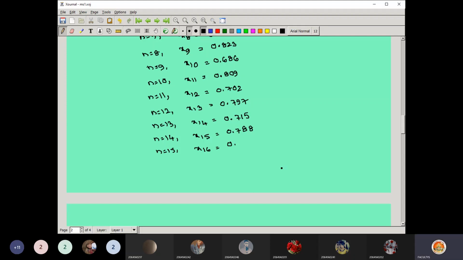I think 0.73 something. 0.724. Okay, continue like that. I think you are almost reaching the point, but my right answer is 0.754. Somewhere one increases and one decreases, slowly it is coming closer, so that you will get your right answer. So I'm just giving you the answer, 0.754.